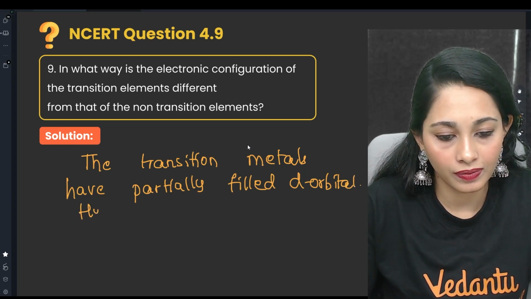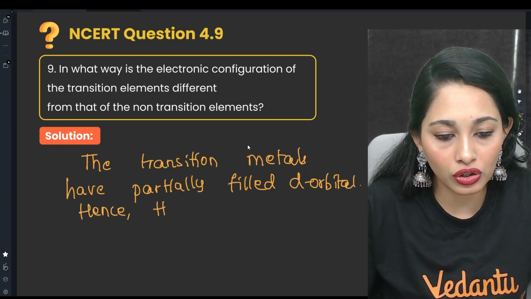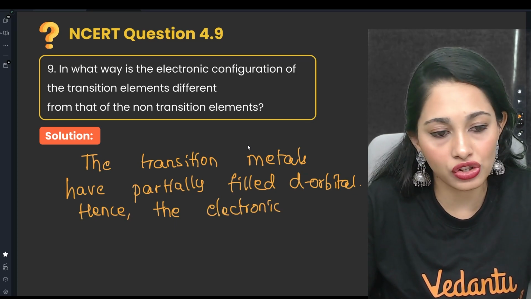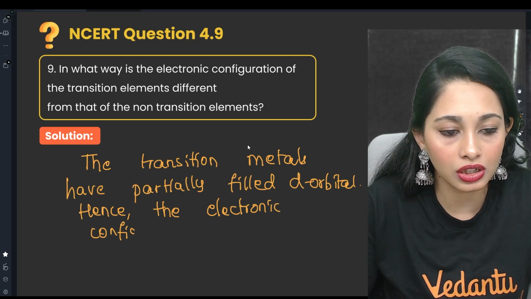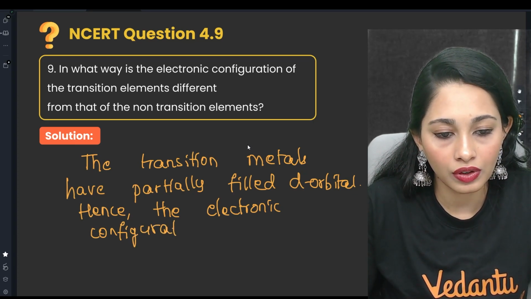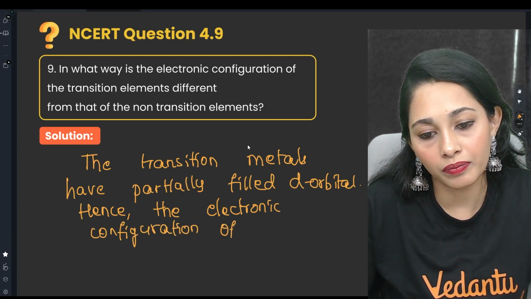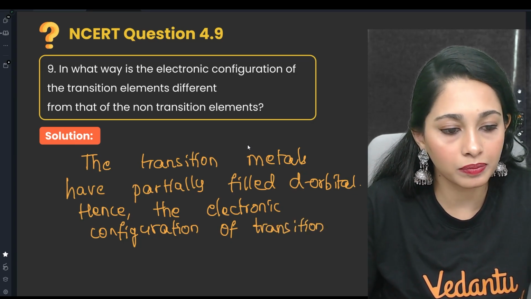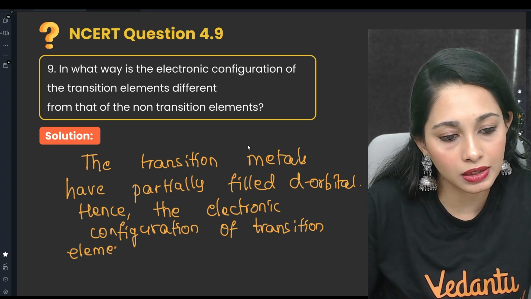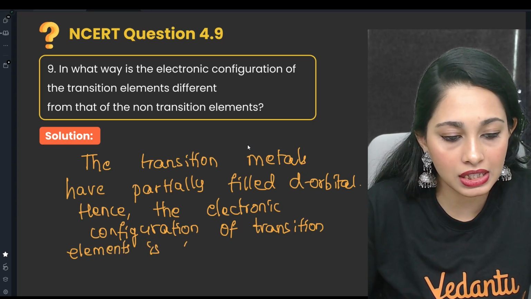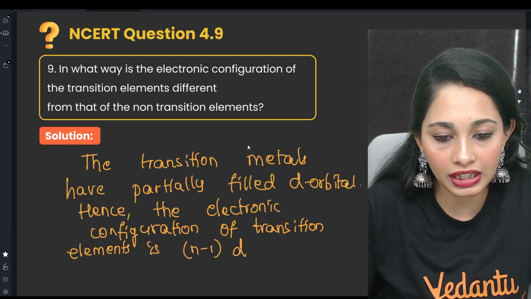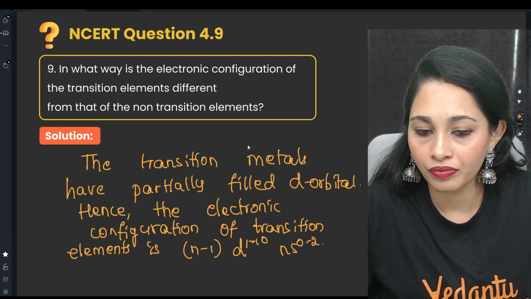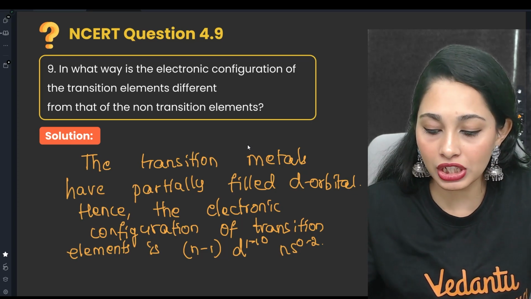Hence the general electronic configuration of transition elements is (n-1)d1 to 10 ns0 to 2. So this is partially filled.